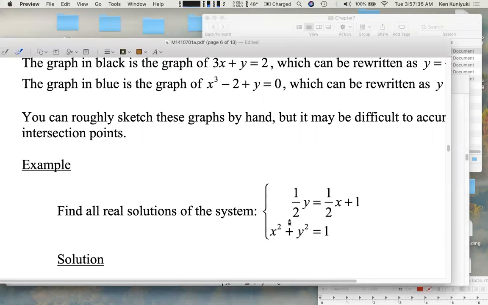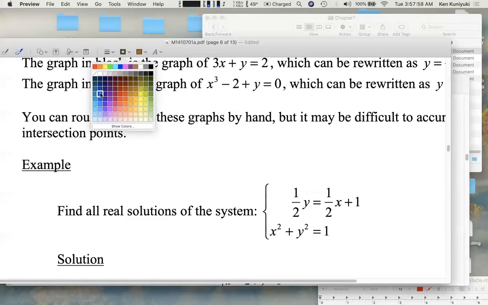A legal move, a legal operation that you can perform on a single equation, you can perform to that equation even if it's in the context of a system. So look over here: 1/2 y equals 1/2 x plus 1. What are you just dying to do to both sides of that equation? Why don't we multiply both sides by 2? I'll do this in blue.